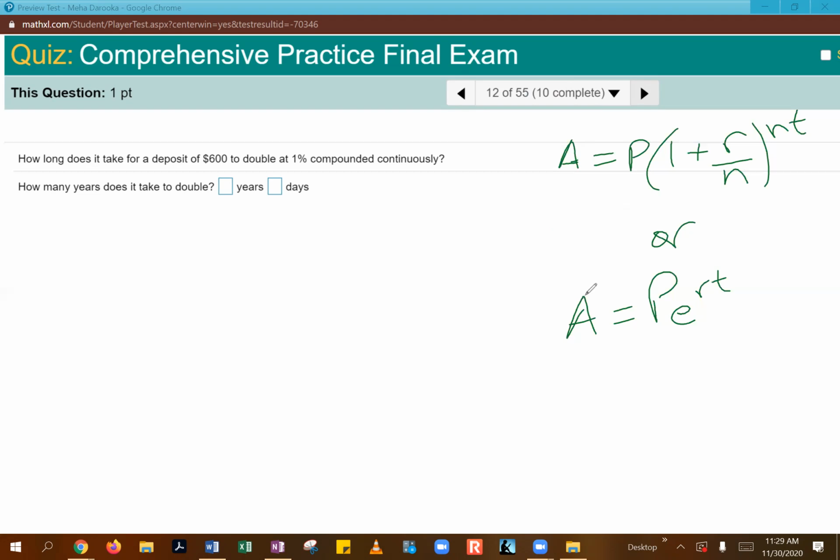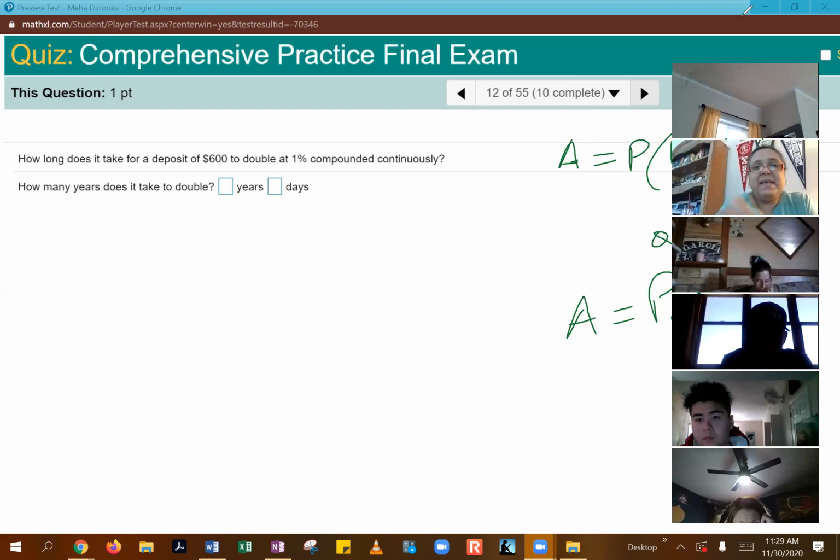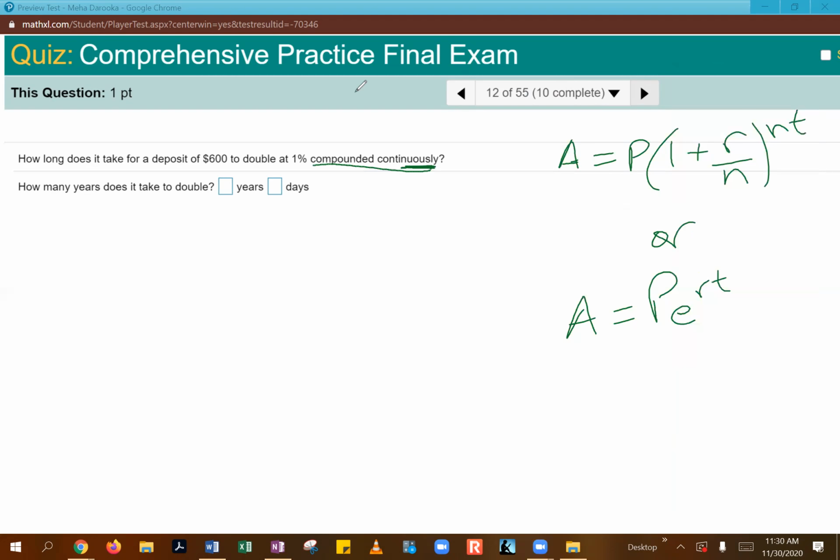Yeah, it's going to be the PERT formula with the E as your base. And you know that because they're specifically telling us that this thing is compounded continuously. So when it says compounded continuously, you are looking at the PERT formula.